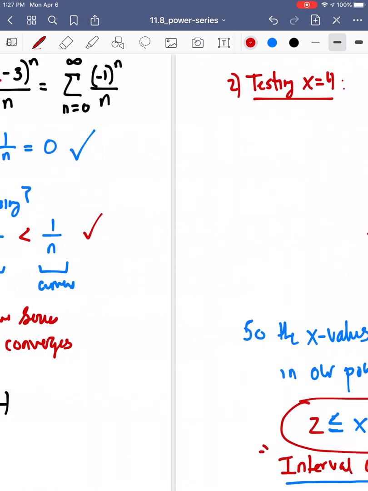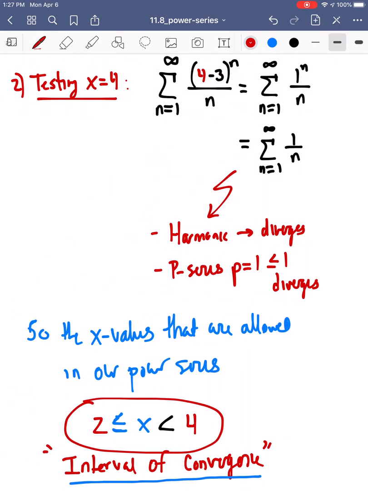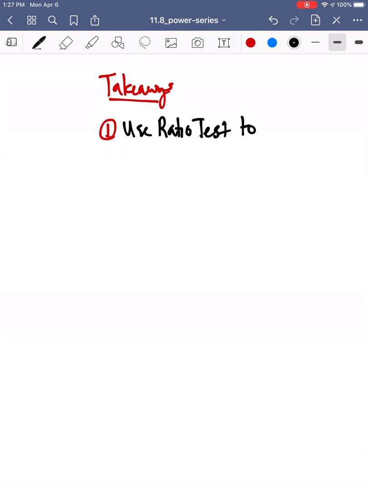So the big takeaway I want us to say from this example: the first thing is we use the ratio test to see when the power series converges.